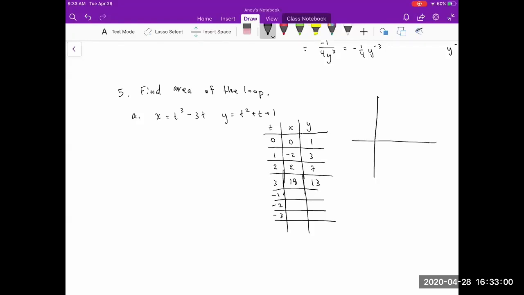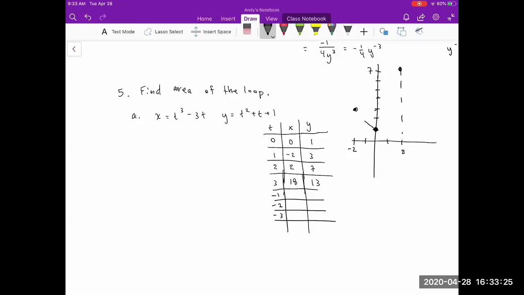So far we're getting these points. We get 0, 1. We get -2, 3. We get 2, 7. 4, 5, 6, 7.